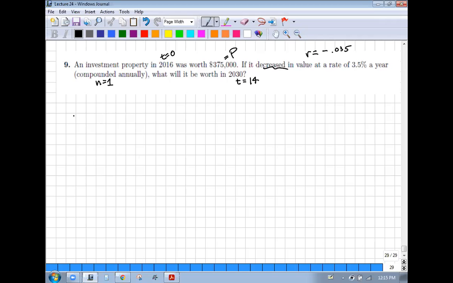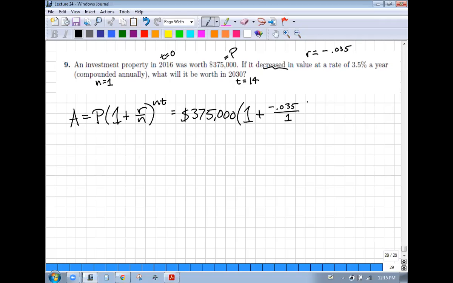Since we're doing compound interest, we need to use our compound interest formula. So we start off with a property worth 375,000 bucks, and our rate here is negative 0.035 over 1, and 1 times 14 years. This is not too bad. This is just negative 0.035.